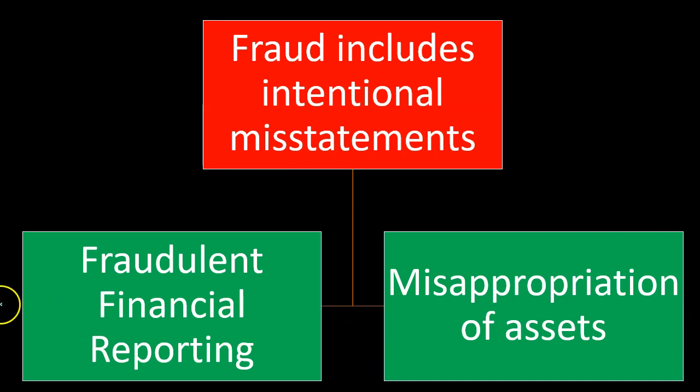If the fraud is in the financial reporting, that means there could be an intentional deceit in the financial reporting, possibly trying to deceive in terms of the audit as well.